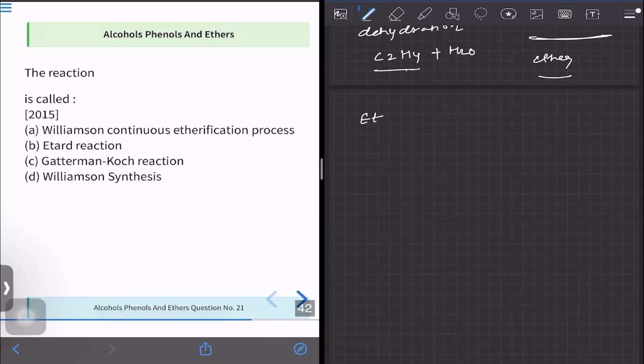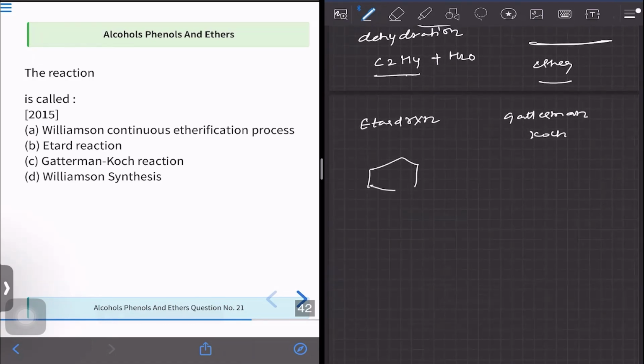And what is the Etard reaction and the Gattermann-Koch reaction? See, whenever toluene reacts in the presence of an oxidizing agent, CrO2Cl2, it produces aldehyde.